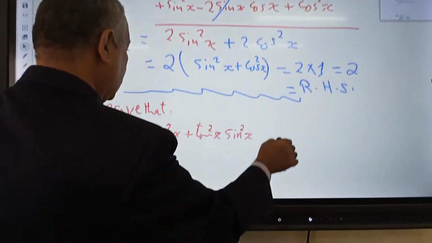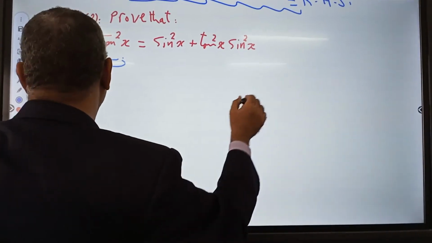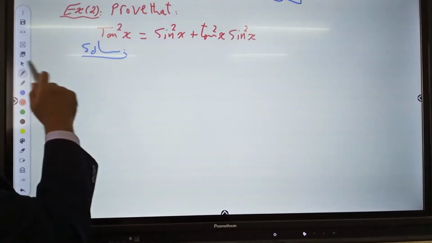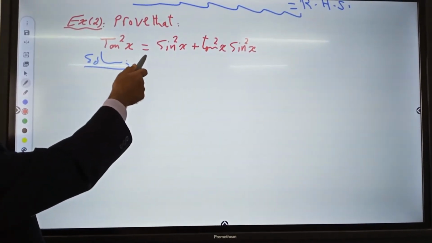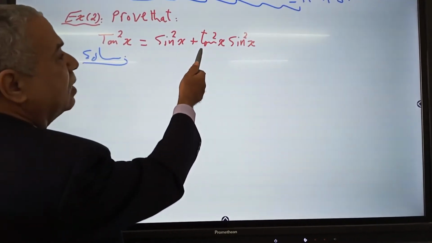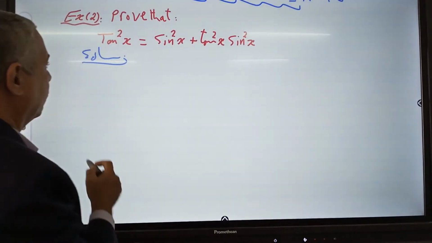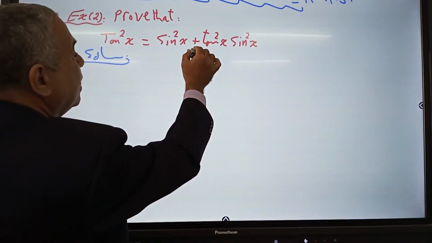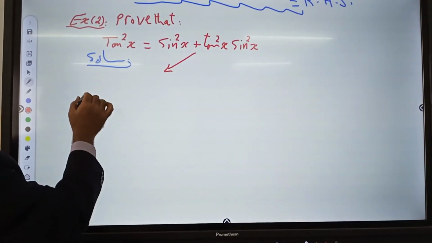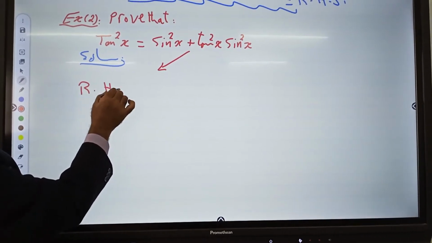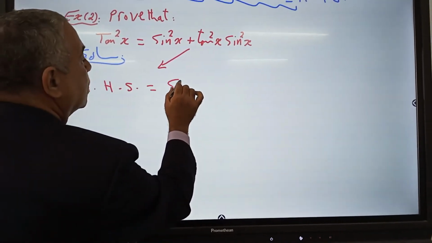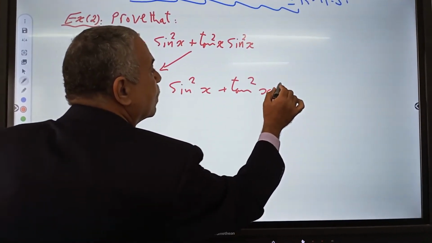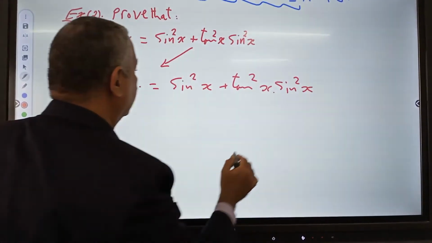Let's go to the next one. The next exercise says prove that tan²x equals sin²x plus tan²x sin²x. In this case, we want to find the value of the right hand side. The right hand side equals sin²x plus tan²x sin²x.